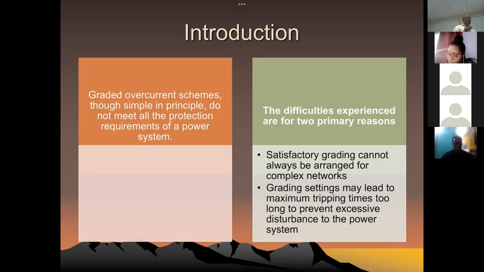And that stems from two primary reasons, as we have put here. For complex networks, look, what we looked at last week was just a radial feeder, right? So just a feeder going into a community. That's quite simple.